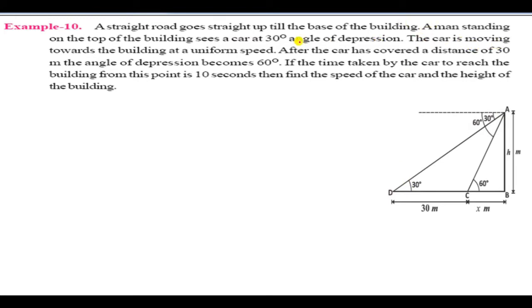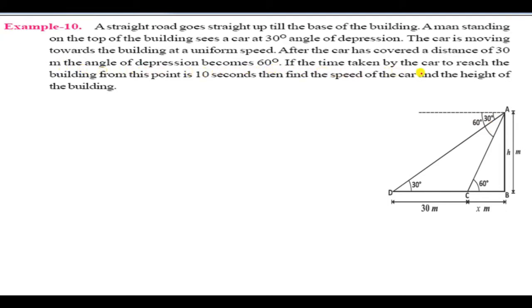The car is moving towards the building at a uniform speed. After the car has covered a distance of 30 meters, the angle of depression becomes 60 degrees.